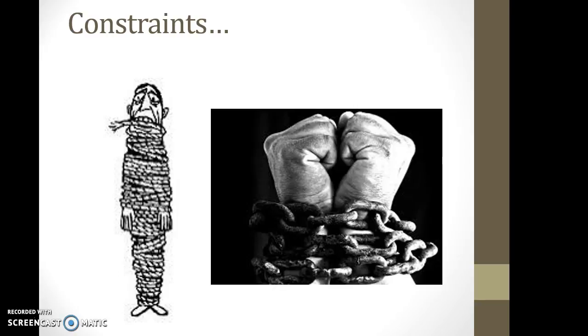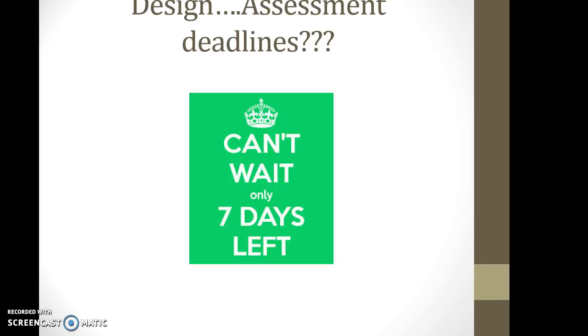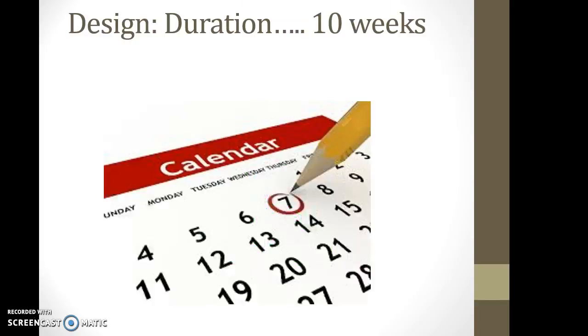This course will adopt an asynchronous approach, which will allow you to access the online content, including the videos, at a time most convenient for you. The design that this course follows is actually based on, well, there's a few things that we need to discuss here. One is your assessment deadlines. You will be given 7 days in which to complete an assessment, and after which the assessment will be due.